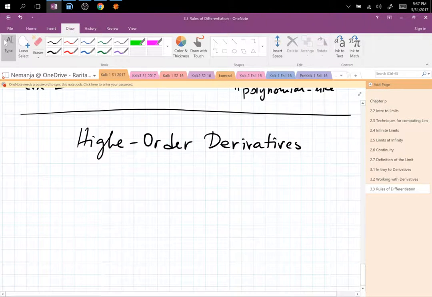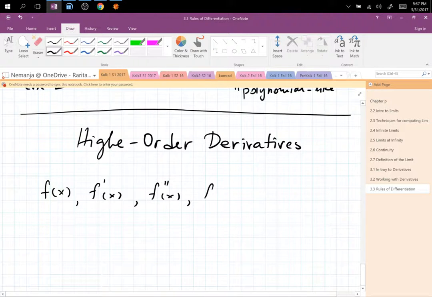So what we did so far is the first derivative. But you can chain as many as you want. So you have f of x, then you have f of x prime, then f of x double prime, then f of x triple prime.